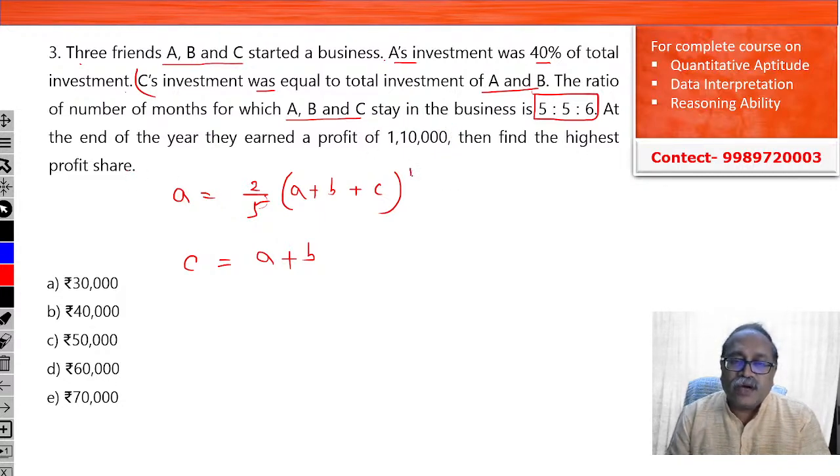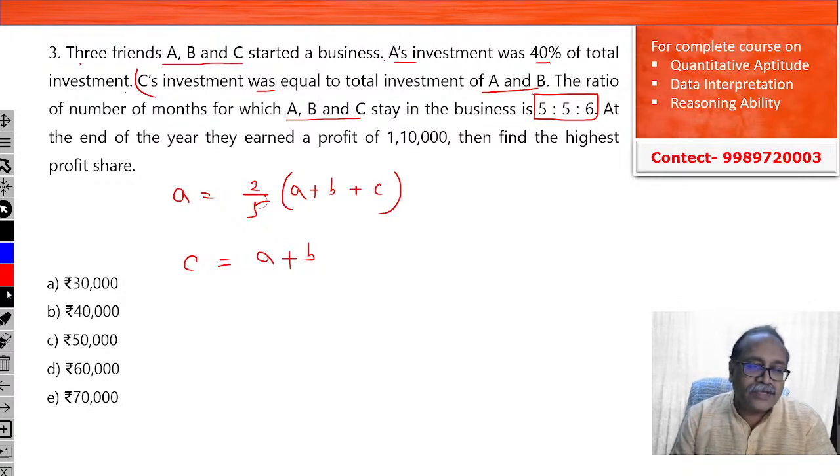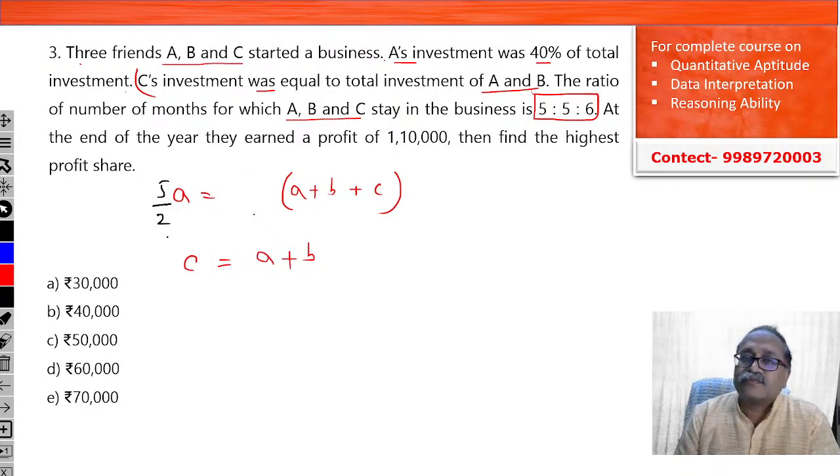So I have to work out on this and find out the capital ratio. चलिए हाँ, अब पहले इक्वेशन को लेते हैं. I'll take the first equation over here, and what I do is A plus B plus C. Now I'll take this here 5 by 2. This becomes 5 by 2.